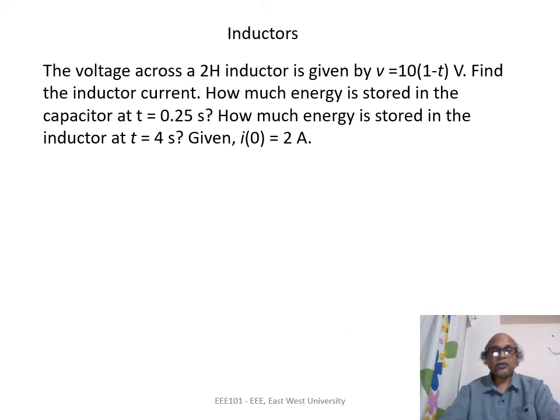Okay, now we look at another problem. The voltage across a 2 Henry inductor is given by this relationship. We want to find the inductor current. We also want to calculate the amount of energy that is stored in the inductor. It is mistyped here.